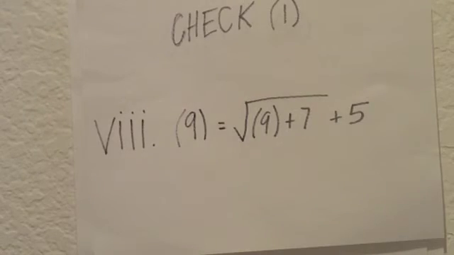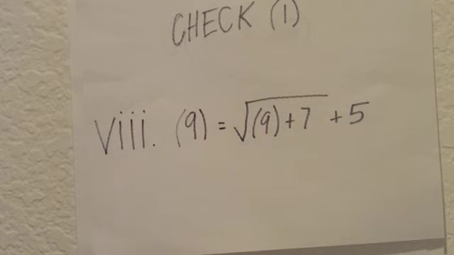Now you have to check both of these answers you have received from factoring the problem x squared minus 11x plus 18. To check, you simply plug in both of the answers, which are 9 and 2, into the original problem of x equals the square root of x plus 7, plus 5.